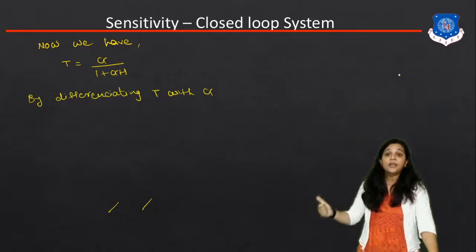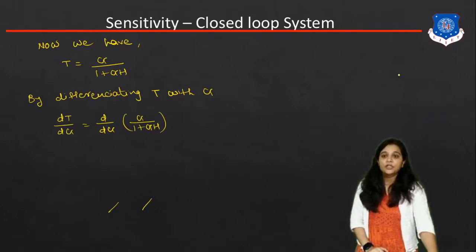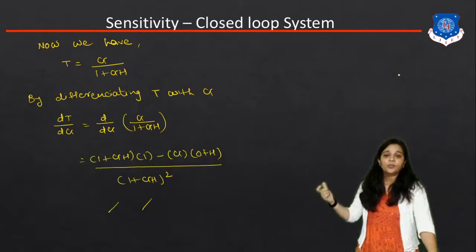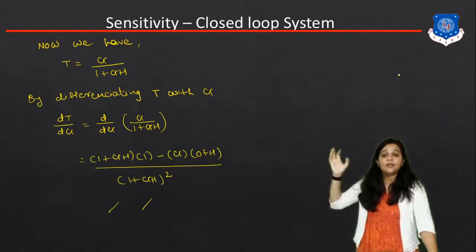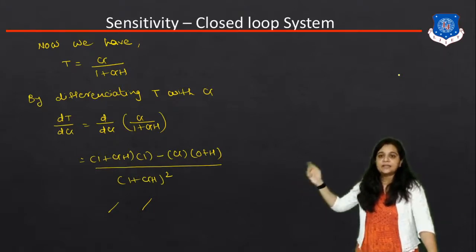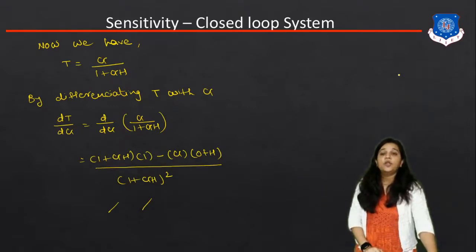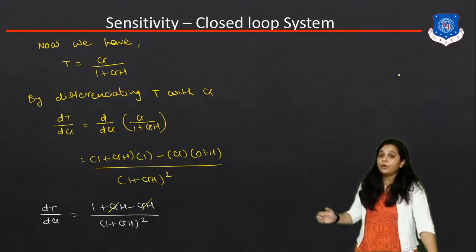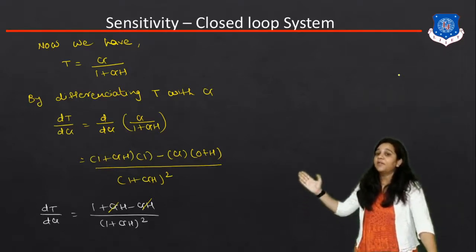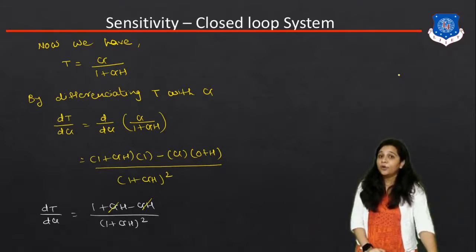By differentiating T with respect to G, we can get dT/dG = d/dG of G/(1 + GH). For this we can take one term constant, that is 1 + GH, and differentiate G with respect to G, which is 1, minus G as it is, times the derivative of 1 + GH, that is 0 + 1 into H, and in the denominator the term will be (1 + GH) whole square.